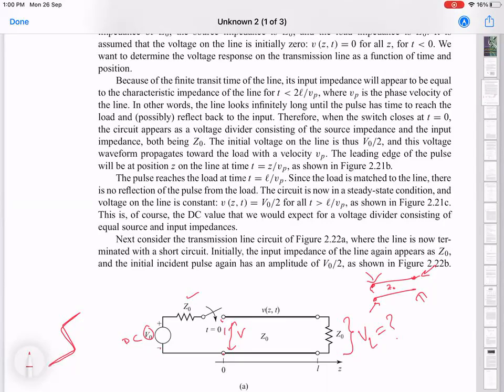Okay. Most of your sentences are correct except one very key statement. Is it DC? What happens when a voltage suddenly changes from one value to another value? It's not a DC signal.